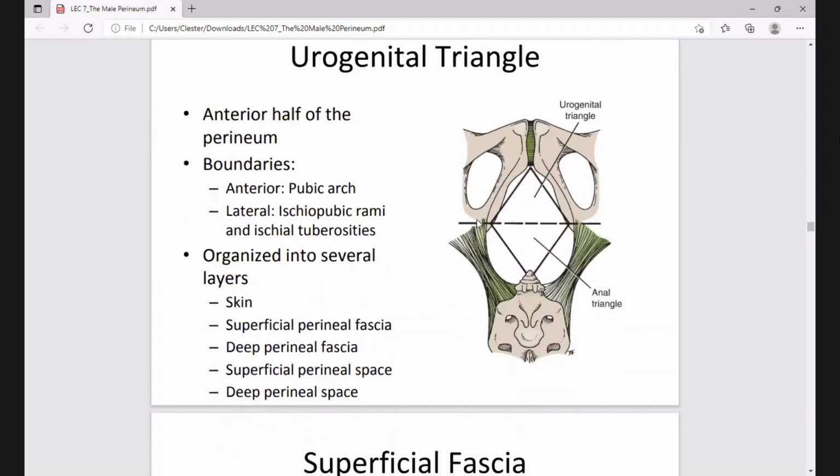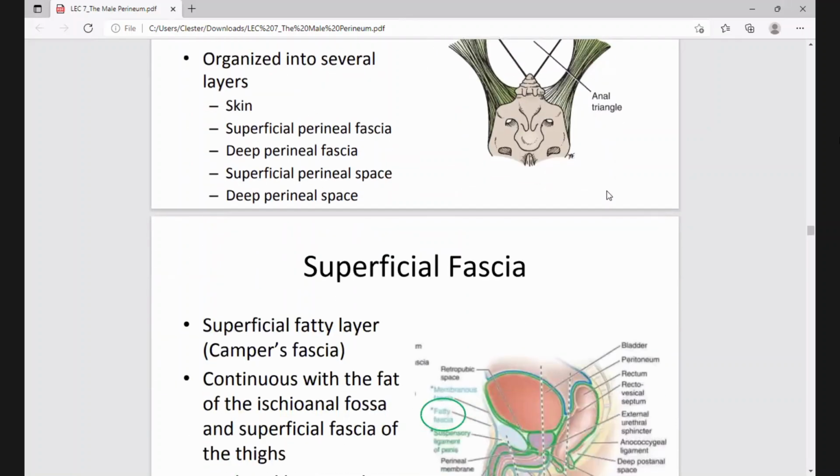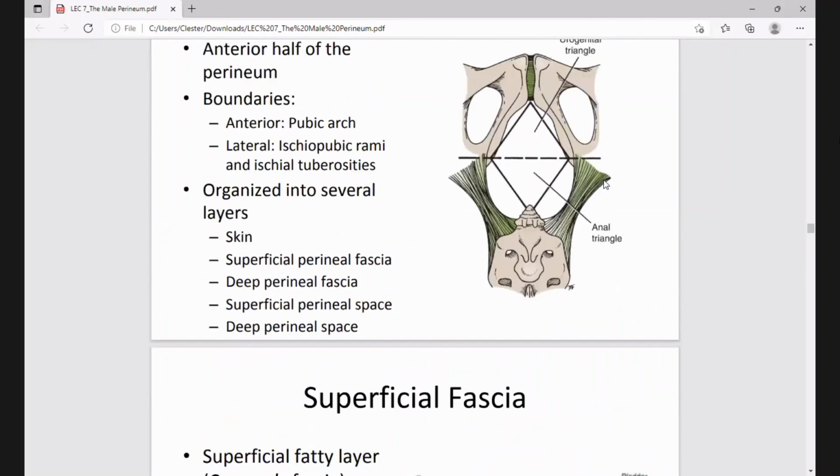It is the anterior half of the perineum, bounded by the pubic arch on each side, the pubic symphysis at the middle, and this imaginary line here in the posterior. We will discuss the urogenital triangle first by layers, before we discuss its contents.